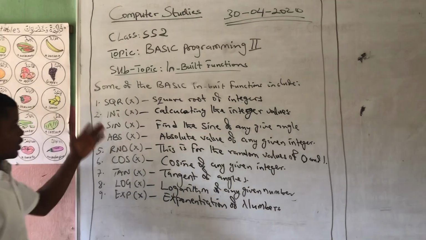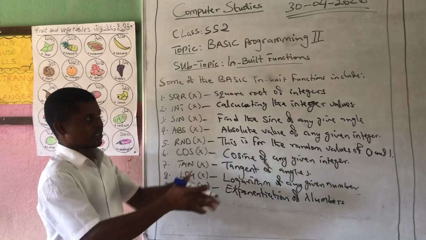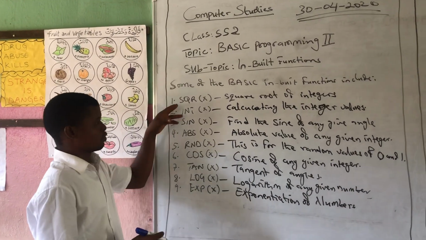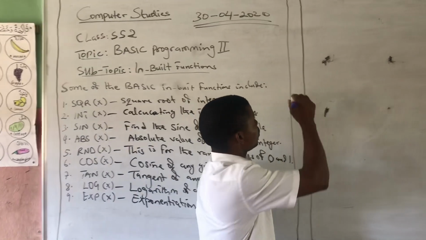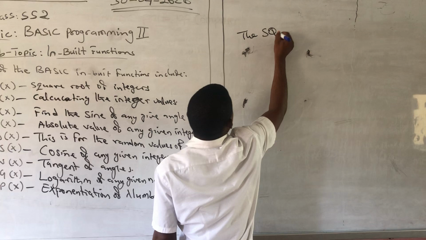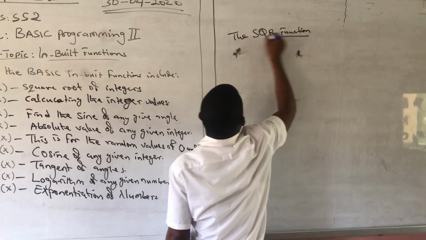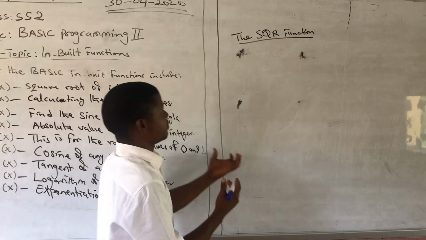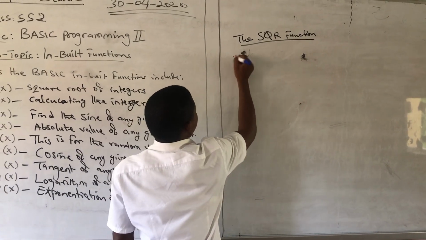So we're going to be looking at them one after the other, how we can implement this in a BASIC program. So we're going to begin with the square root function. And I will be using this as the SQR function in the BASIC program. How do we implement this in the BASIC program? Let's take, for instance, we have something like this.